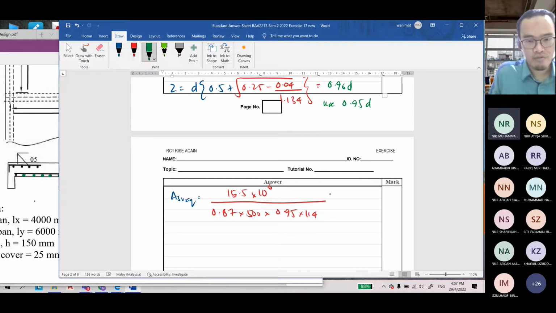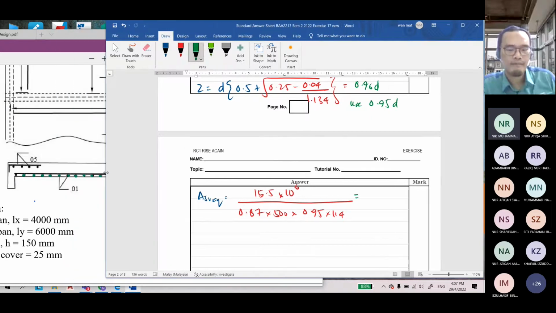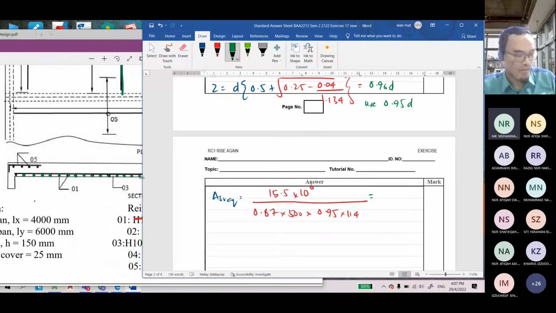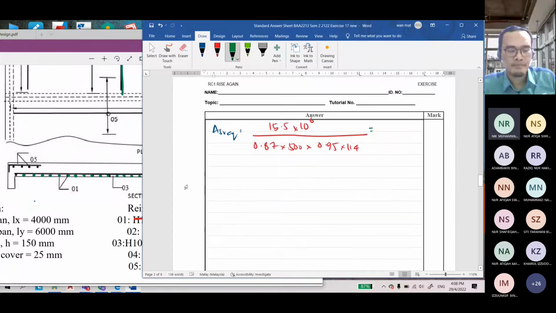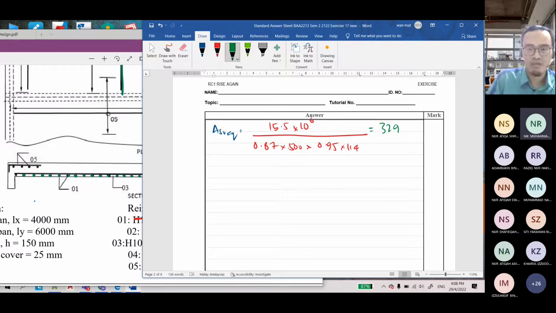So equal to, okay, what is the S required? 329. Okay, good. 329 millimeter square per meter.